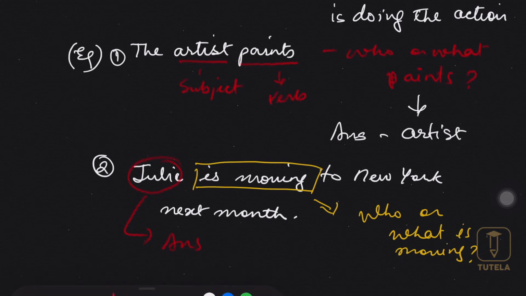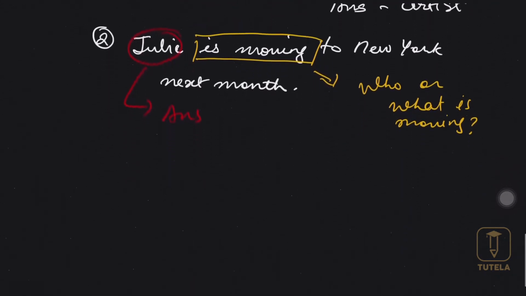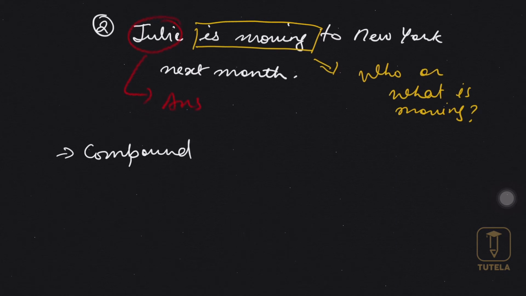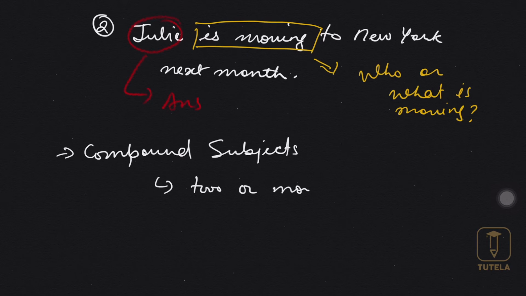The next important thing that we need to remember is the fact about compound subjects. What are compound subjects? A compound subject is formed of two or more nouns or pronouns.